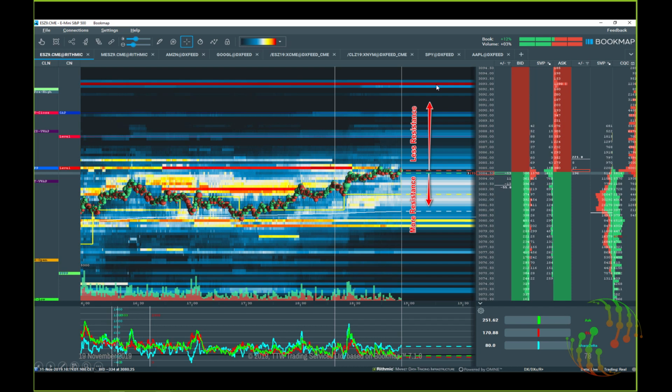It's absolutely impressive to see what is happening here in the book. So you know, it's really, really hard at that moment to sell. Even if an indicator is showing something, might be divergences or whatever, telling you to sell, you can't sell at the moment, because the resistance is here and not here.